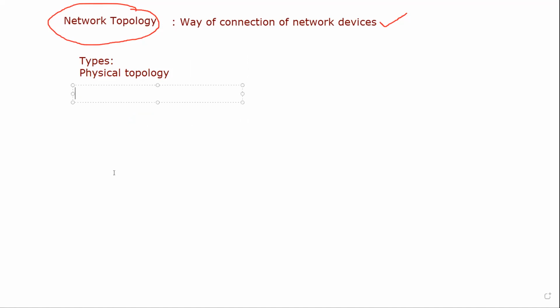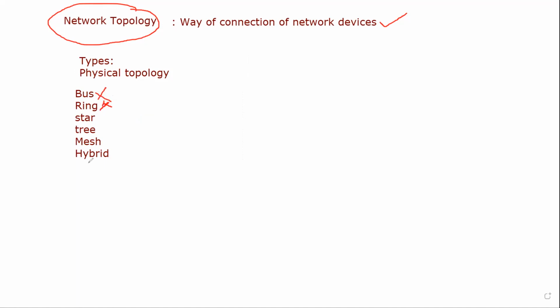So we have so many physical topologies, the traditional topologies: bus topology, ring topology, star topology, tree topology, mesh topology, and at last, hybrid topology. But the interesting fact is that bus topology and ring topology are not used nowadays.